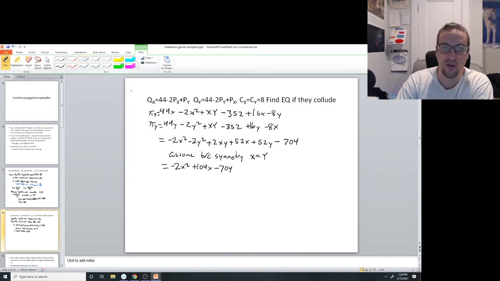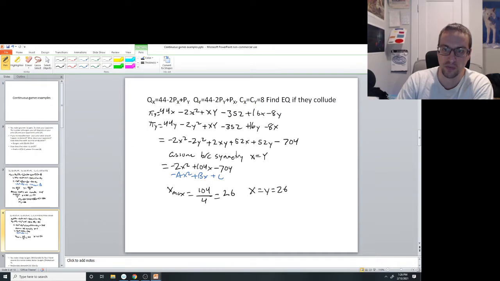Again, notice this is of the form negative ax squared plus bx minus 704, or minus c, or plus c. So again, we get the max at x max at 104 over 4, which is 2a, which is 4. And this is at $26. So x equals y equals 26.